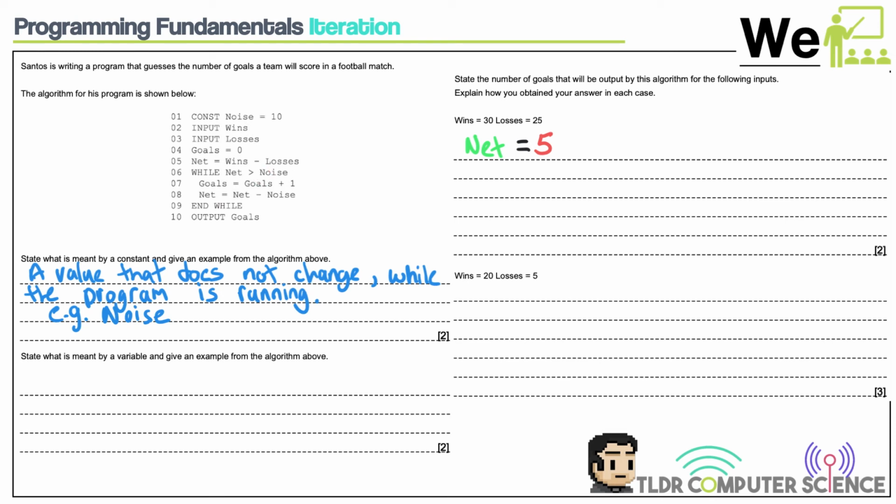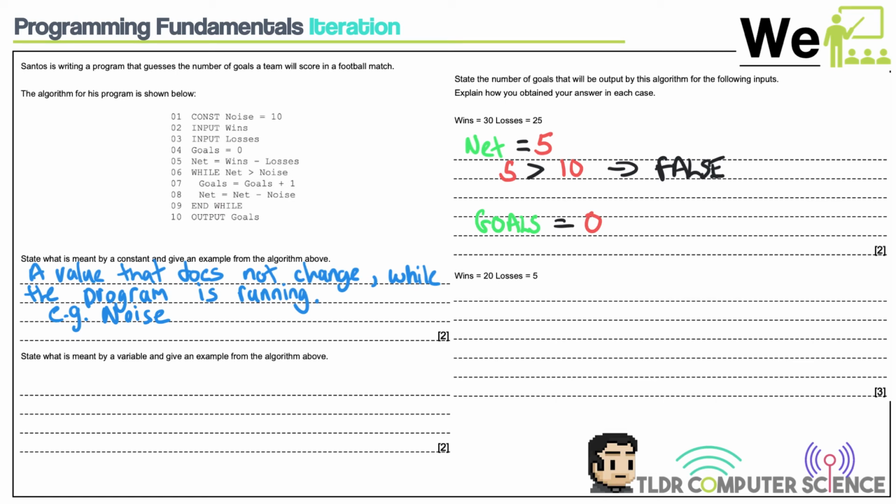So we can say, is 5 greater than 10? And the answer to that will be false, right? So it's not going to run it. Therefore the while loop will never run, and then it says output goals, and goals will be 0 because it never changed. So goals is going to be equal to 0.